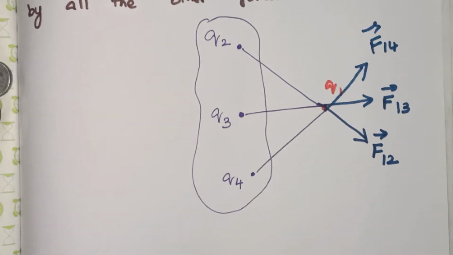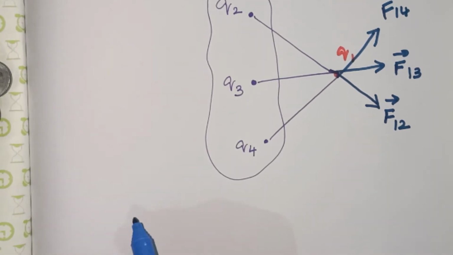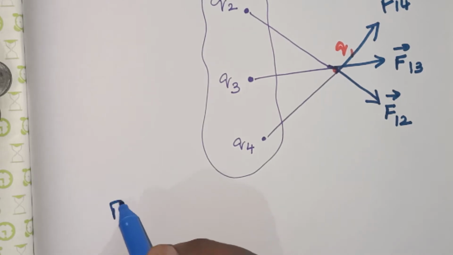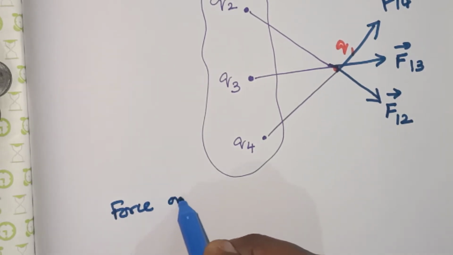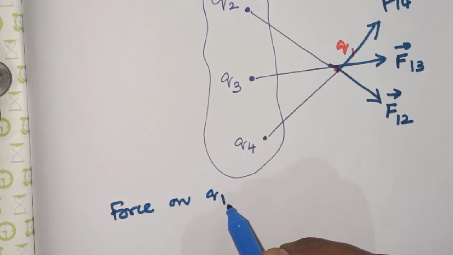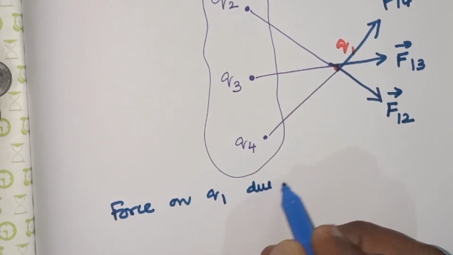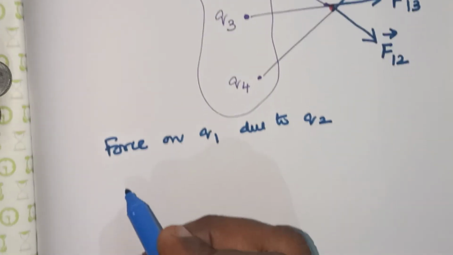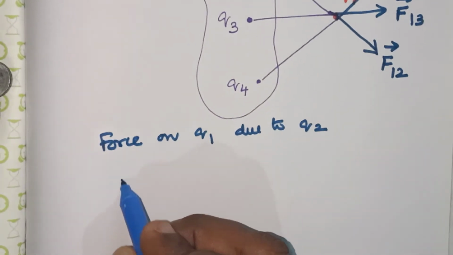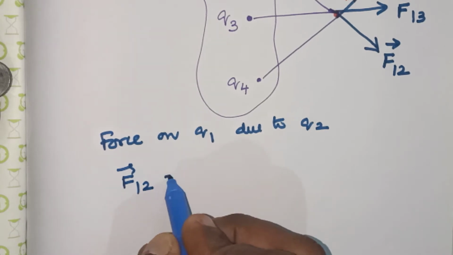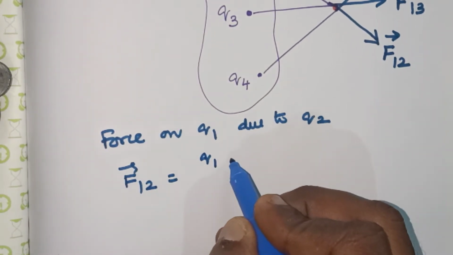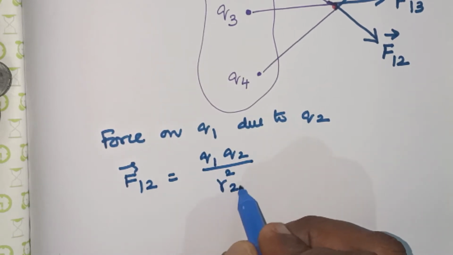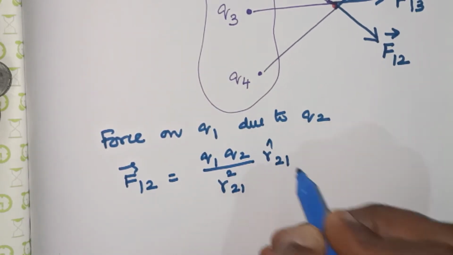Okay, now we are writing the equation. So what is the equation? Force on Q1 due to Q2 is equal to F12 equals Q1 Q2 by R square 21 R cap 21.